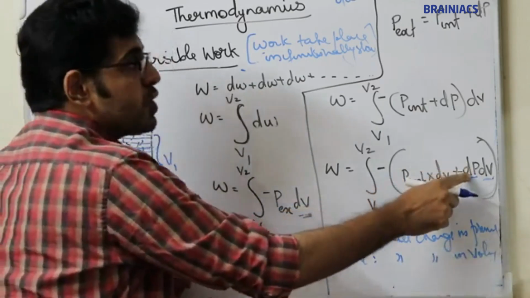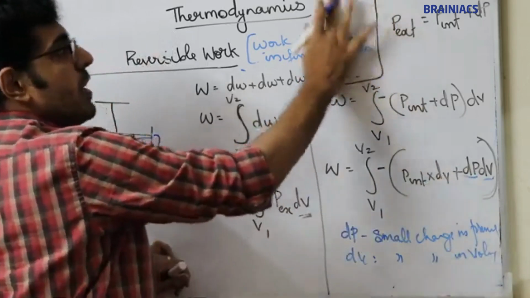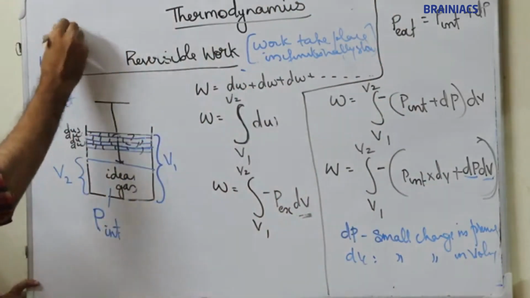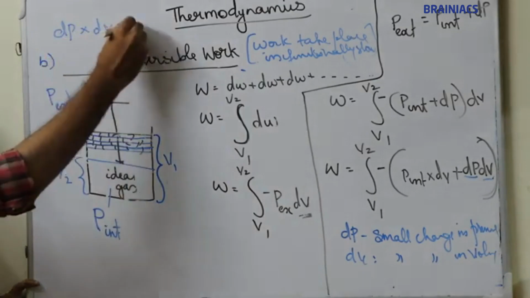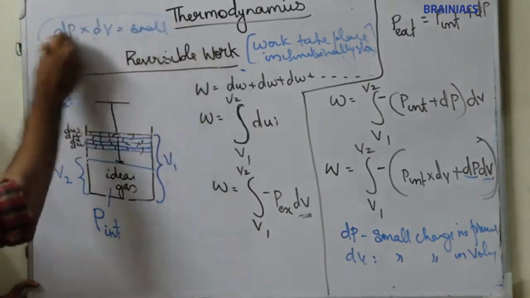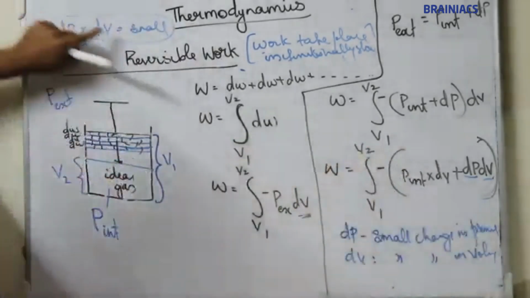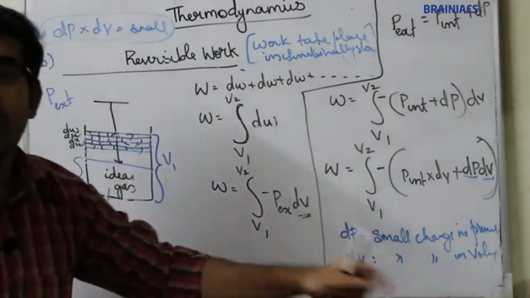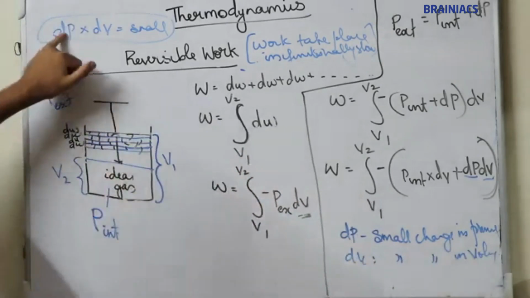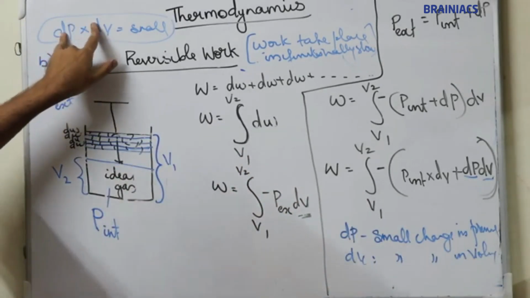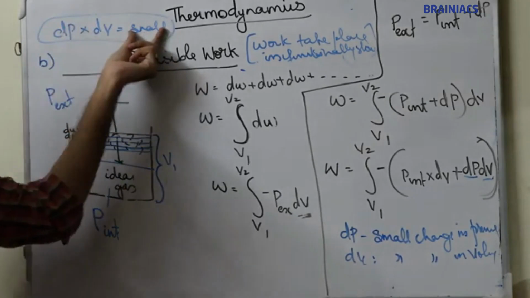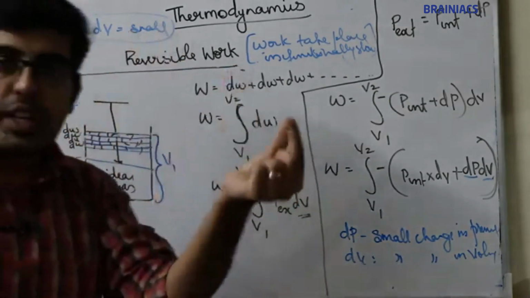When you multiply small change in pressure, that is dP, and dV, you will get a very small value, right? Because dP is a very small change in pressure and dV is a small change in volume. So when you multiply small pressure values with small volume values, you will get a very small value.